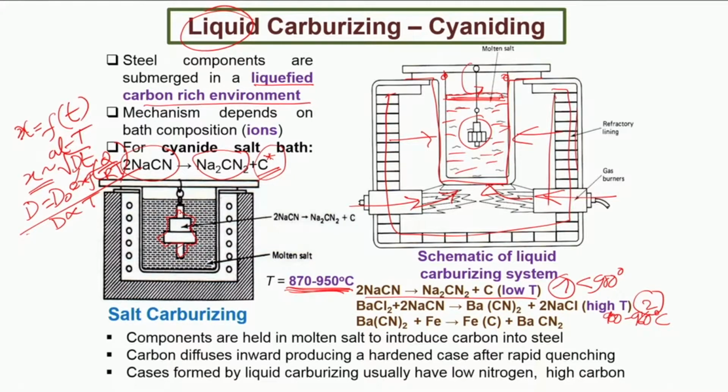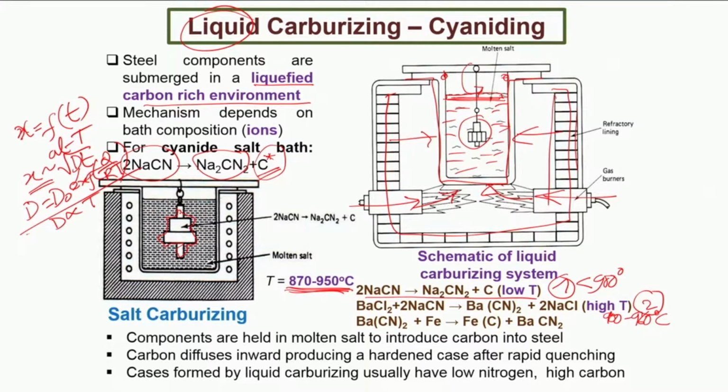Number two is, in all solid state processes, for example pack carburizing, there will always be some presence of oxygen within the furnace atmosphere. So even if it is present in very low partial pressure, a little amount of oxygen, at least initially, can cause formation of some thin oxide layer onto the surface of the metal, which is steel basically.